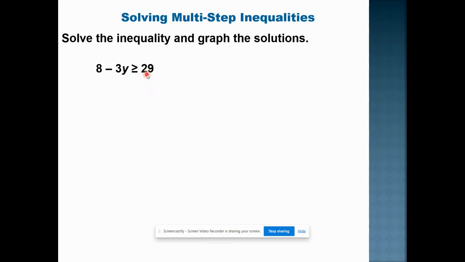I have 8 minus 3y is greater than or equal to 29. Watch out for that "or equal to." We have a positive 8 here, since there's no symbol in front of it, which means it's a positive 8. So it's going to be converted into a negative 8. That cancels that out, and then we go to the other side.